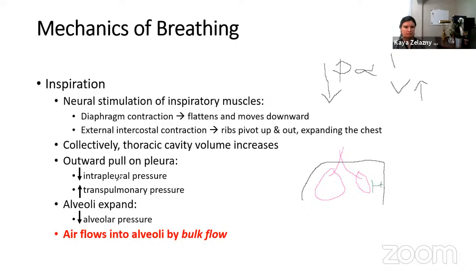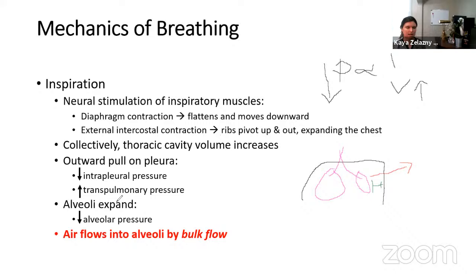As the chest wall pulls away from the lungs, the intrapleural pressure drops down, so it becomes more negative, meaning that our transpulmonary pressure goes up, because we remember that we subtract this intrapleural pressure when we calculate the transpulmonary pressure. So we subtract a negative. If we subtract a more negative number, this transpulmonary pressure goes up.